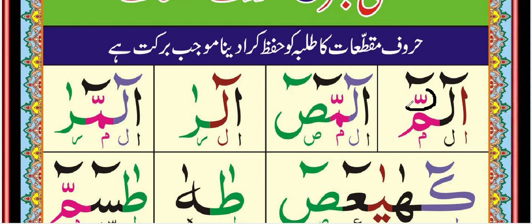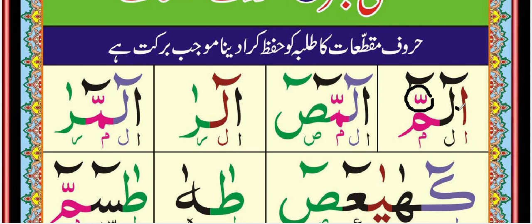The next sign, like a W, is called shadd, shadda or shadd. What is the function of shadd? The shadd is used for connecting. For example, this shadda is on meem, so the previous letter is connected with the shadda letter.